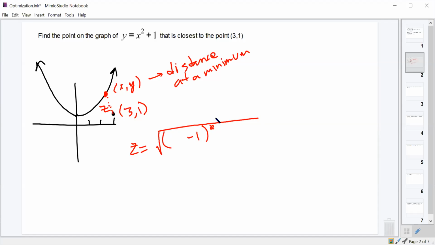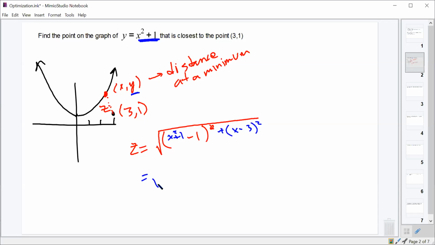What's the other y value that I'm looking at? What is this y value? Right, it's our function, right? x squared plus 1. So we got (x squared plus 1 minus 1) squared, and then plus the other one should be (x minus 3) squared. Everybody good with that?